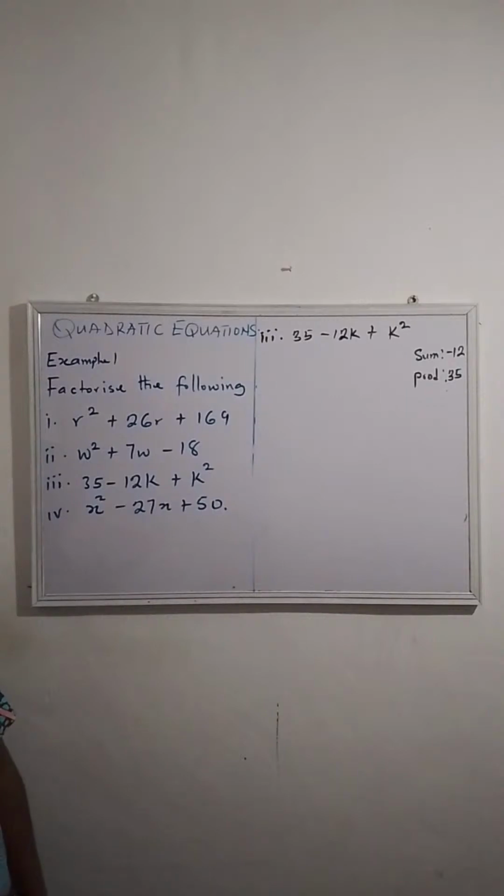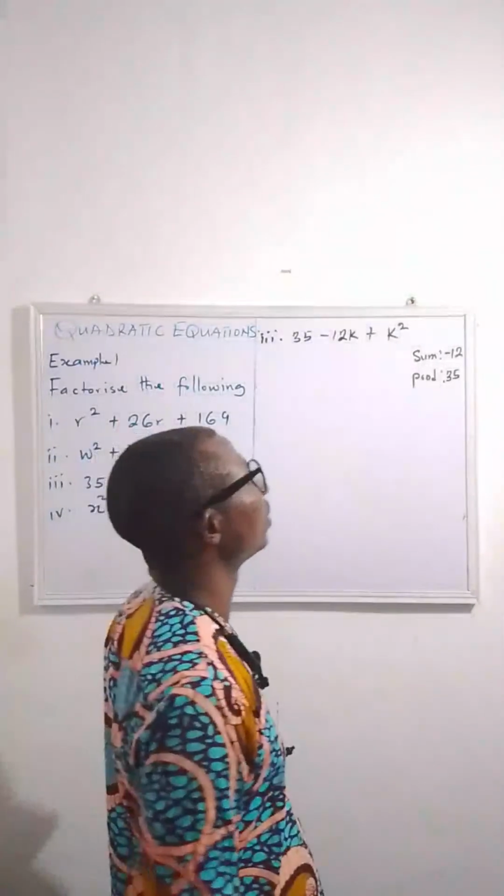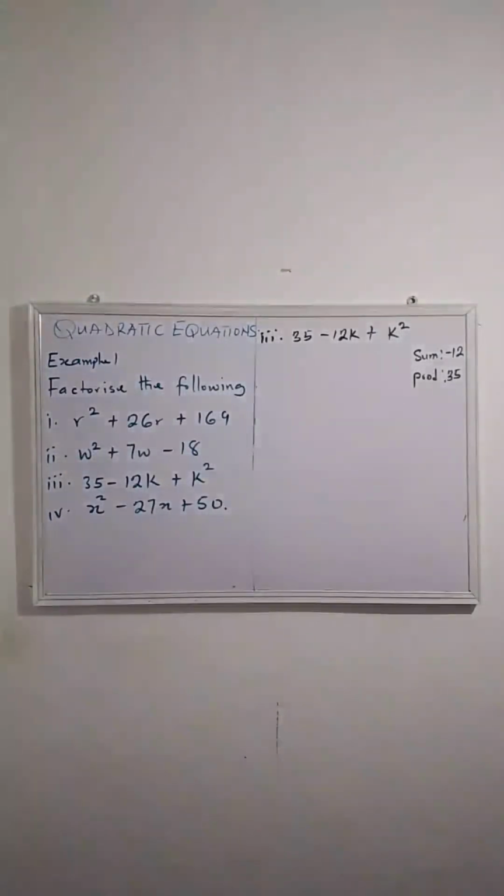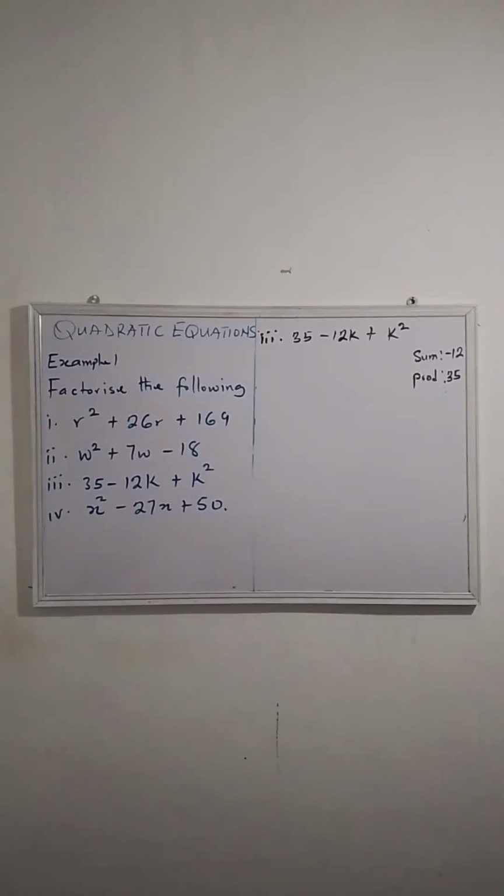If you have that answer, drop it in the comment section. Let me see if anyone has dropped an answer. You have to be fast about it. Okay, I can see 7 and 5. I can see negative 5 and negative 7.